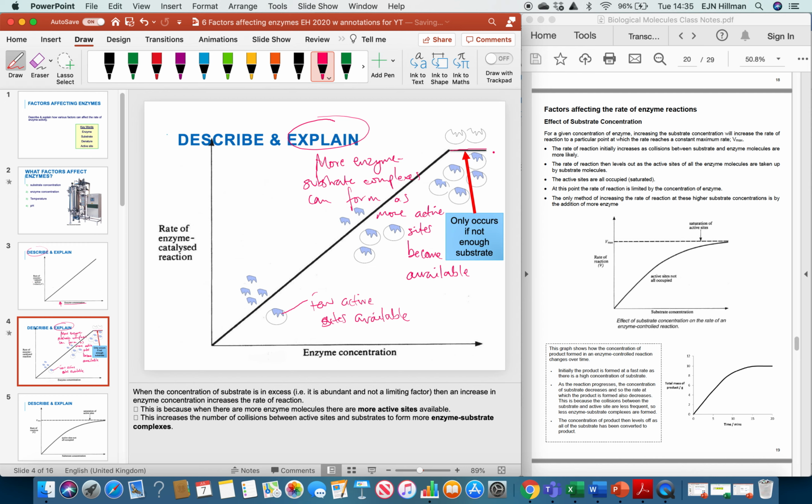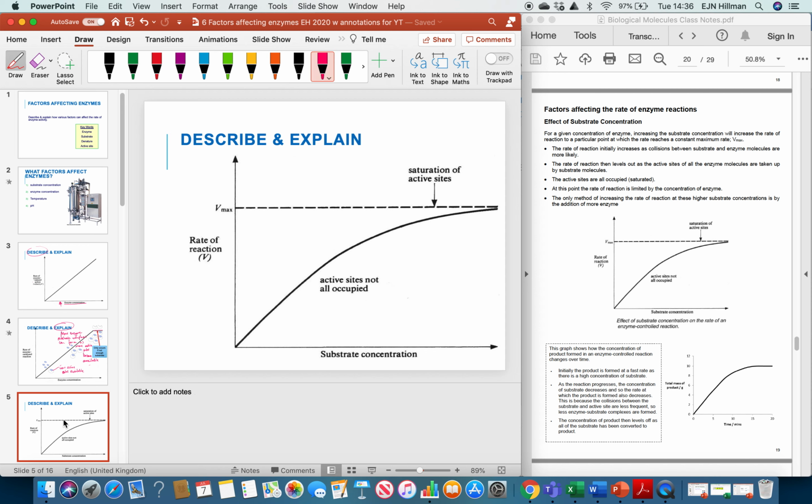We get a plateau on our gradient here, and that is because the enzyme substrate complexes are forming at their maximum rate. Just to reiterate, more enzyme substrate complexes can form as more active sites become available, because there are more collisions between the active sites and the substrates taking place in any given time.